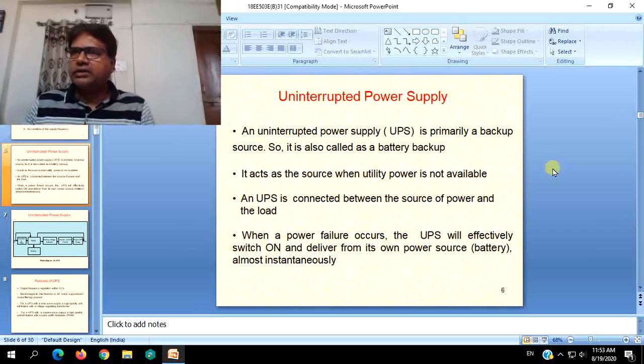In the olden days, DC loads had to be given a separate DC supply, where single phase should be converted in a separate rectifier unit, and then that rectified DC should be given to the DC loads.